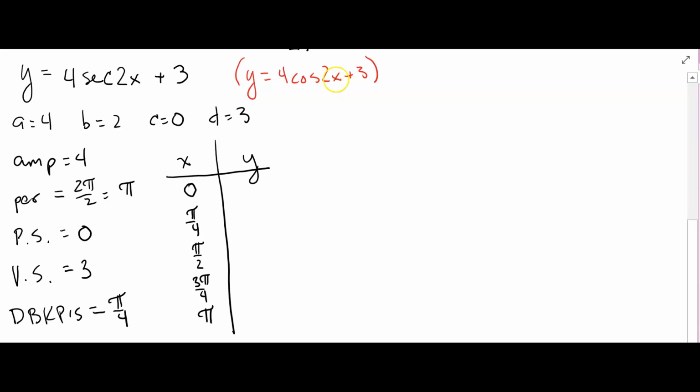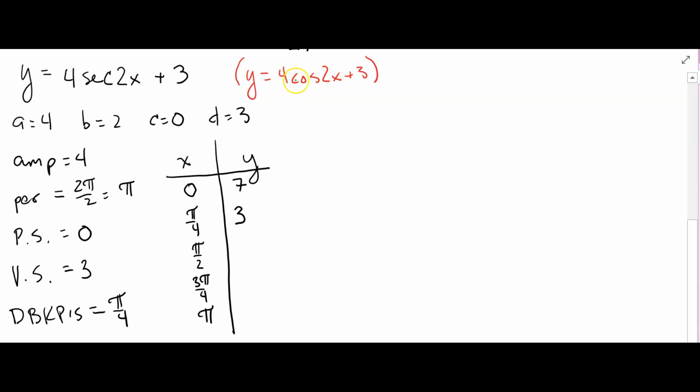So I have a cosine of 2 times 0, that's going to be 1 times 4 plus 3 is 7. Cosine of 2 pi over 4, that's pi over 2. Cosine at pi over 2, that's the top of the unit circle, is 0. So 4 times 0 plus 3 is 3. Pi over 2, that's going to give me cosine of pi, which is negative 1.